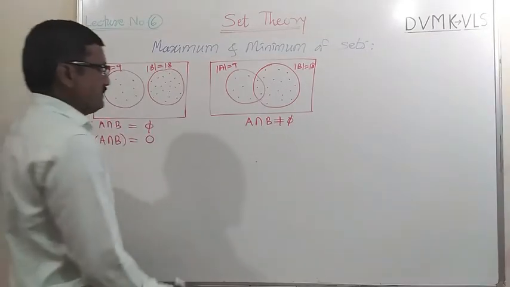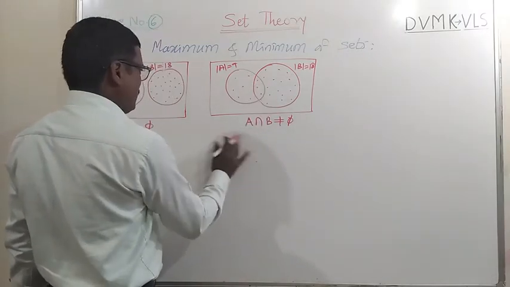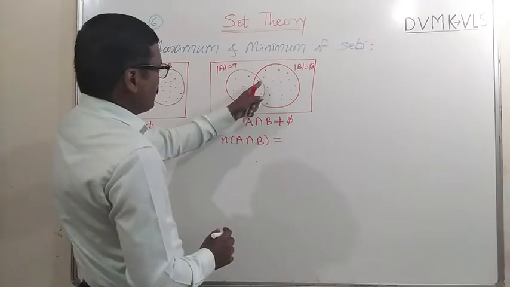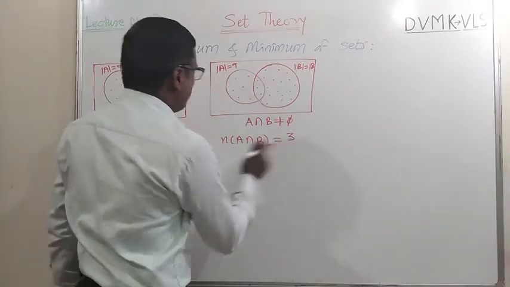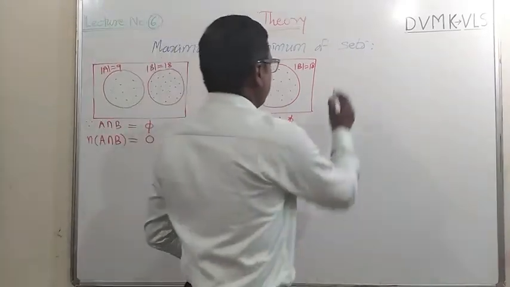That is the second case, meaning some elements are common there. Here we have taken 3 elements common. Suppose out of 9, 3 are common, and the remaining are 6. Here suppose 15 will be there.